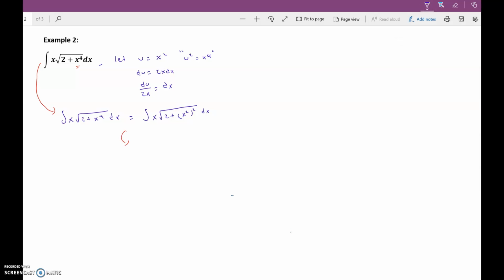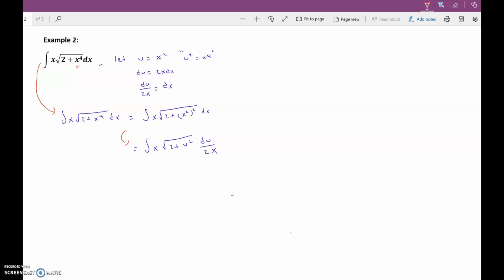At this point, this is equivalent to x square root of 2 plus u squared, and then dx is going to be du over 2x.